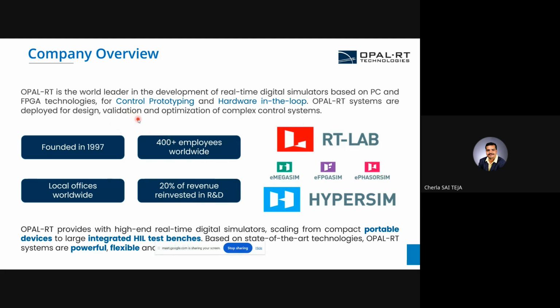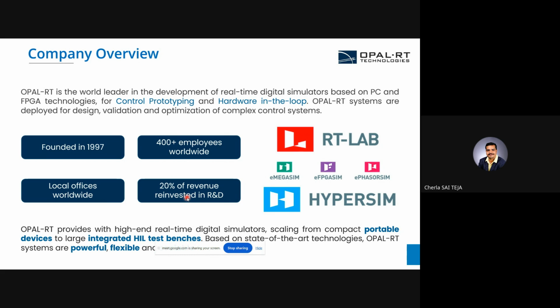Our company was founded in the year 1997, and as of now, we stand at around 400 plus employees worldwide. And we have local offices worldwide. Like in India, we have one in Bangalore, and in the US, we have 2 to 3 offices. Like that, we have offices in Germany, China, Japan.